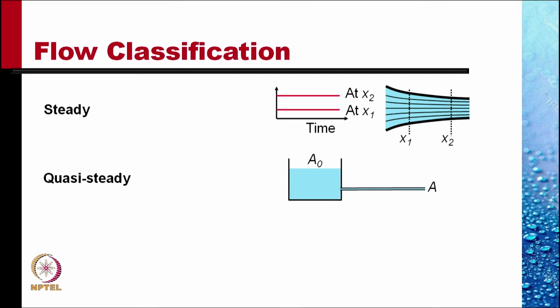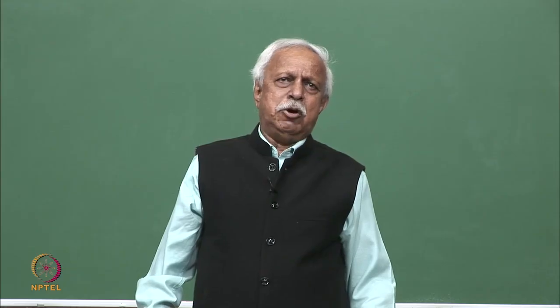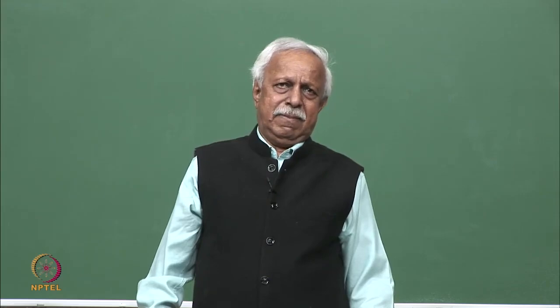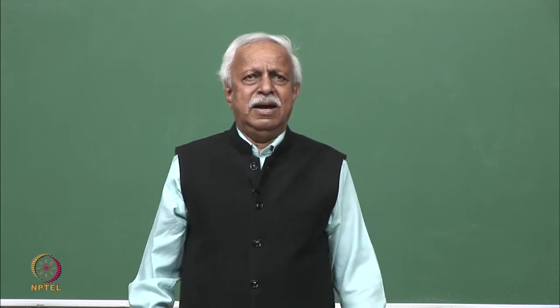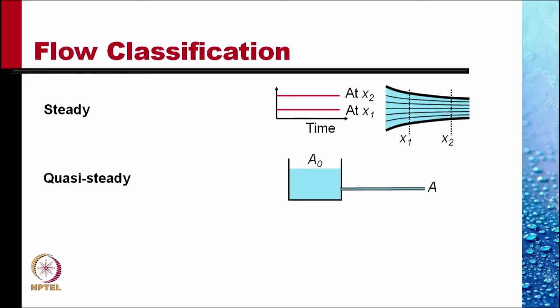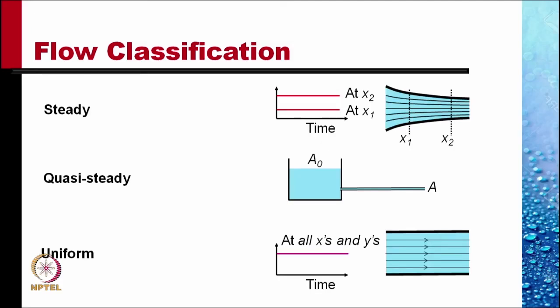Such flows where the variations are very slow are called quasi-steady flow. We would have occasion later to amplify this assumption. A uniform flow is a flow in which the properties are constant at all x and y's. That is, everywhere, all properties have the same value.